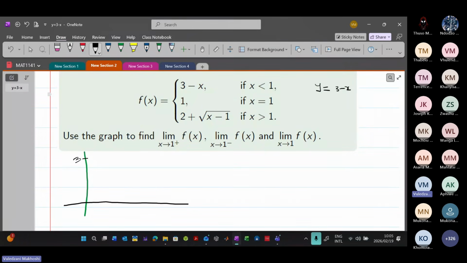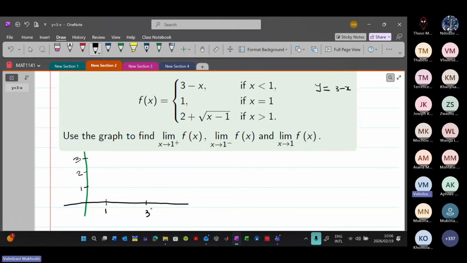And when y is 0, x again will be a 3. So if we put 3 there, then it will be a line going all the way like that. But it is given by 3 minus x only for values of x which are less than 1. So if we put, say, 1 here, and a 2 here, this is 1.